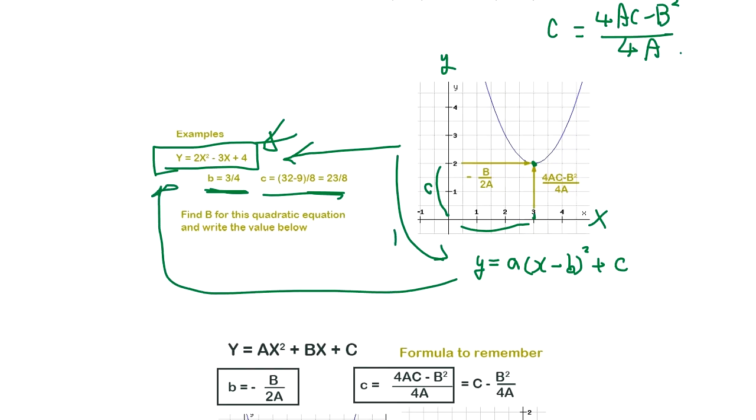Okay, step 1, step 2. And equation to graph is step 1: calculate B and C. Then make a curve.